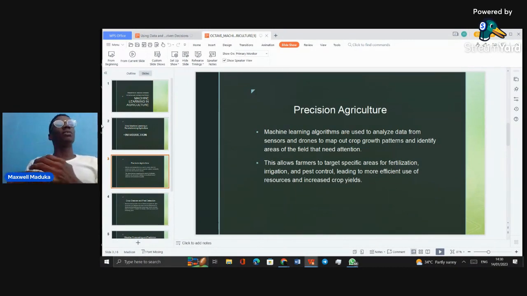It saves on resources, because there was a particular time someone reached out with a complaint. He said he's using a lot of pesticide on places that don't even need that pesticide.